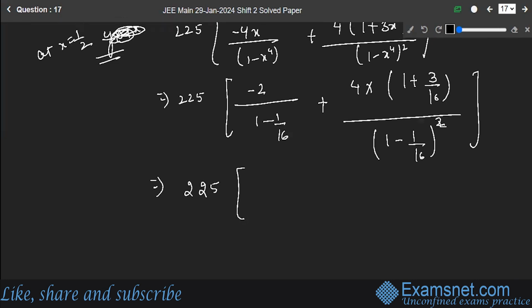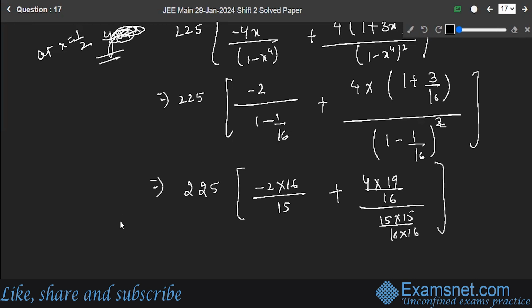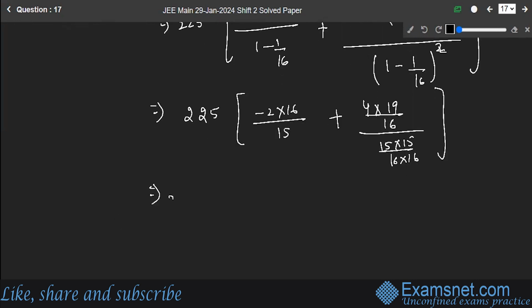This will be minus 2 into 16 upon 15 plus 4 into 19 upon 16 divided by (15 upon 16) whole square. Okay. 225 minus 32 upon 15. This 16 and this 16 will cancel. You have this will be 76 upon 225.